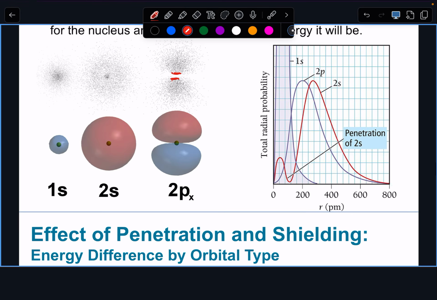And then we don't have a picture of the D on this one, but it's narrower. There's 4 of them, but they're narrower and they're pulled back from the nucleus a bit. So that makes their energy even higher.